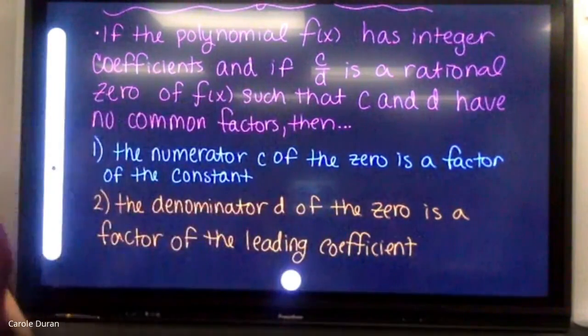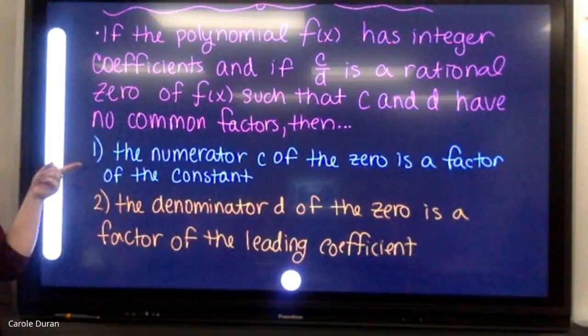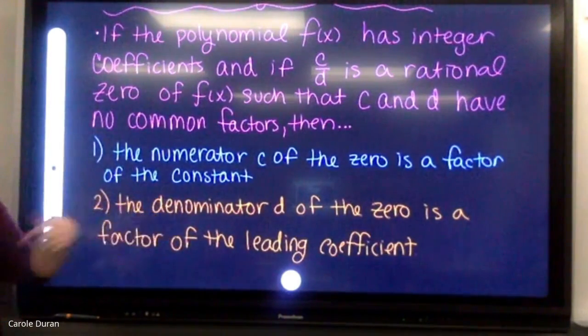Okay. So this theorem says that if the polynomial f of x has integer coefficients and if c over d is a rational zero of the polynomial such that c and d have no common factors, so they're in reduced form, then the numerator c of the zero is a factor of the constant, which is our last term that has no variable.